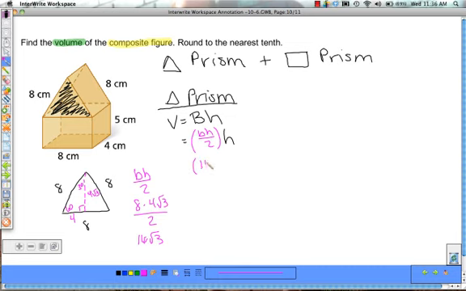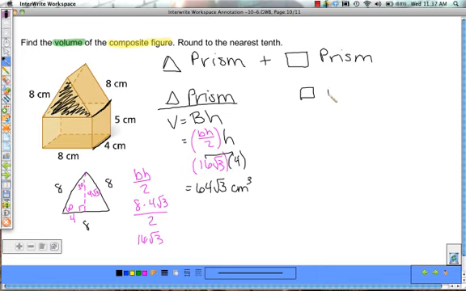So the area of our base is 16 square root of 3. The height of the prism is this piece that connects the two bases, which is 4 centimeters. And then if we multiply 16 times 4, we get that the volume is 64 square root of 3 cubic centimeters for our triangular prism.